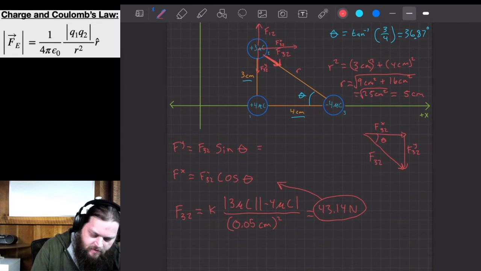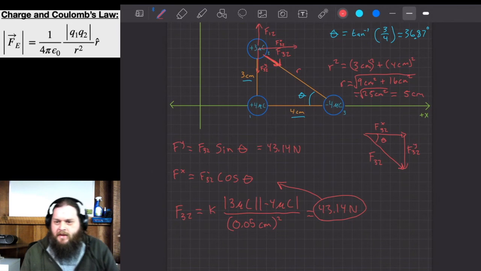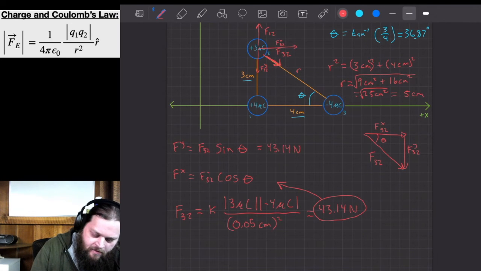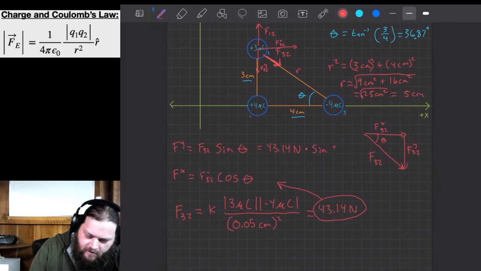So that's equal to 43.14 newtons. And I'm rounding a little bit. It's best to not round that much, so I'm going to go back and use that same calculator value. This is going to be times sine of theta. And theta we said is 36.87 degrees.